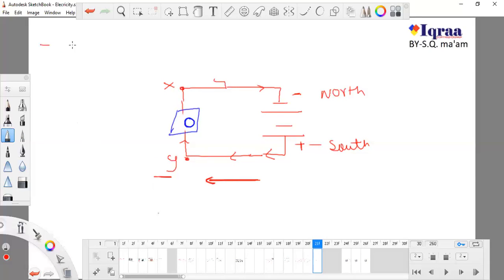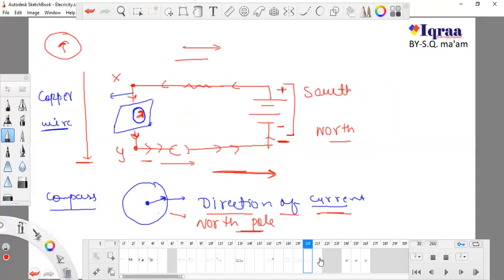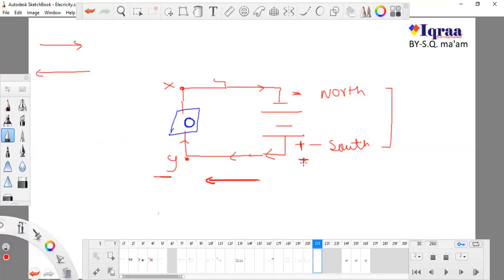Just because of how I arranged this cell, the poles are changed. In this case it is the negative pole, and in this case it is the positive pole. As I change the pole, the direction of current also changes, because it goes from positive to negative.